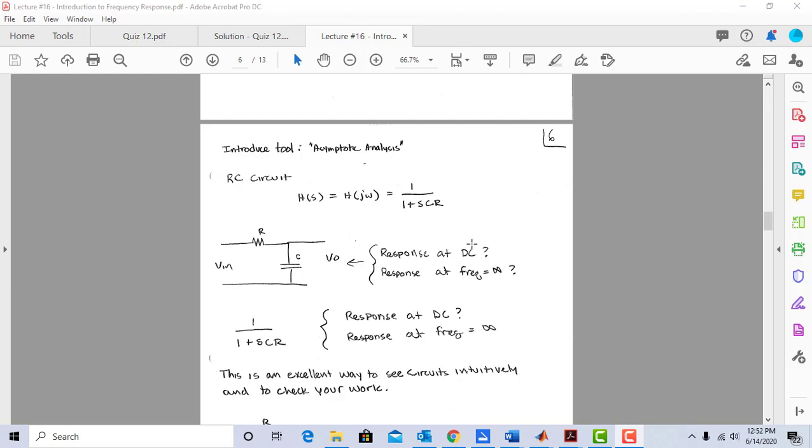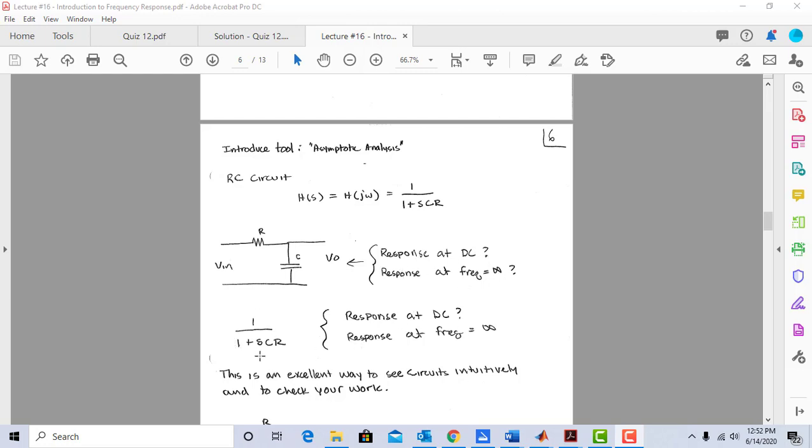So here's the deal. At the highest level, what asymptotic analysis is going to do is it's going to allow you to look at a circuit and say, what's the frequency response at DC? And then what's the frequency response at infinity? Response at DC, response at infinity.